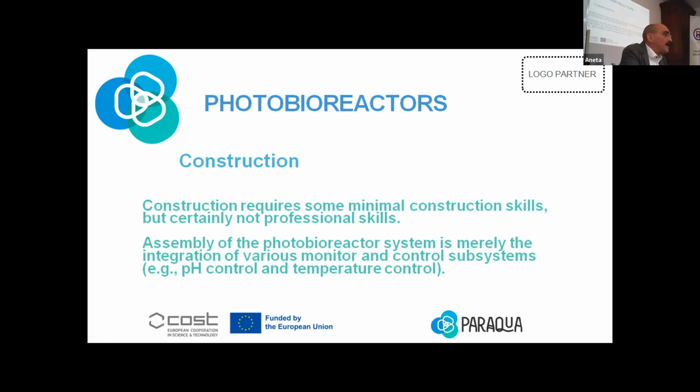You don't have to be an engineer to construct a photobioreactor, it doesn't require engineering skills to build it. And if you want to control some relevant parameters, you can use a controlling system off the shelf, especially pH control and temperature control, that is easily available, and you can include this in the design.